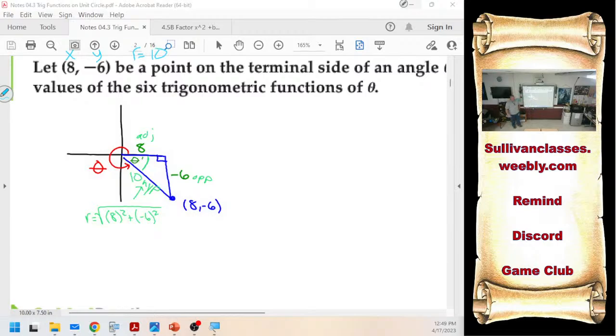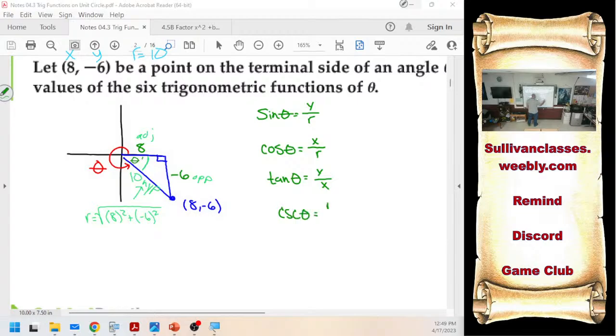So X will always be adjacent. The sine of theta is opposite over hypotenuse, which is going to be R. Cosine of theta is going to be adjacent over hypotenuse. Tangent of theta is going to be opposite over adjacent.